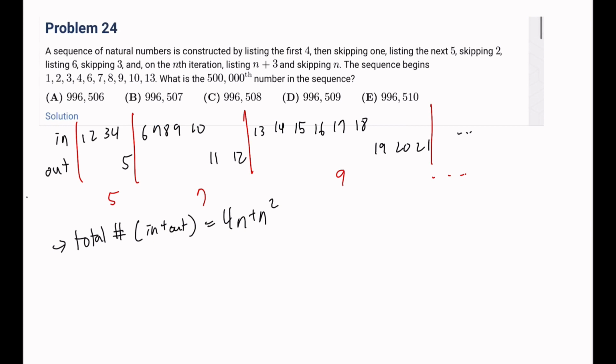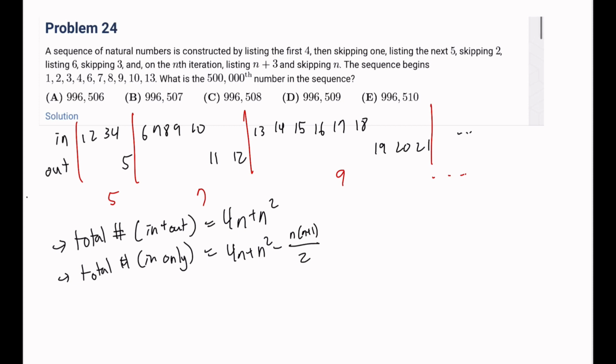And next, let's look at the total number of numbers that are only in the in list, right? And so that would be the whole thing minus the out numbers 5, 11, 12, 19, 20, 21, right? So that would be 4n plus n squared minus 1 plus 2 plus 3 all the way to n, right? So that would be n times n plus 1 over 2.